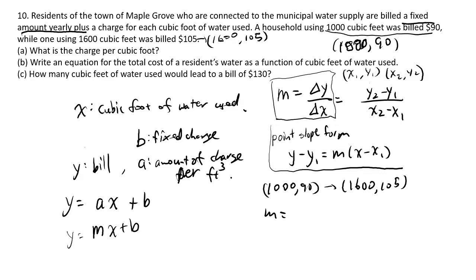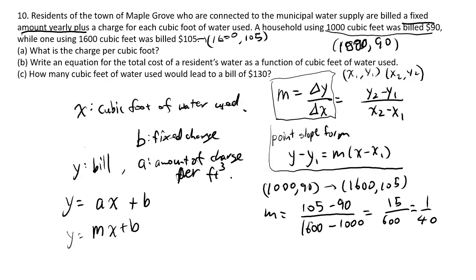So the slope m is terminal value minus the initial value over the change of x, which is 1,600 terminal value minus the initial value. 105 minus 90 is 15. 1,600 minus 1,000 is 600. And then if you divide top and bottom by 50, you get 1 over 40. Okay, so that's your m, the slope.